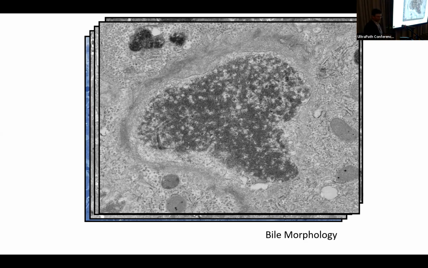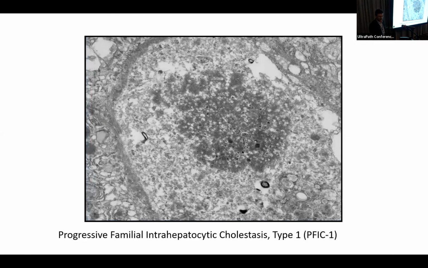And then shown here is a more coarse granular appearance that has a name called Byler's bile. This is another very dilated canaliculus that has this granular, vesiculated Byler's bile. It used to be called Byler's disease.